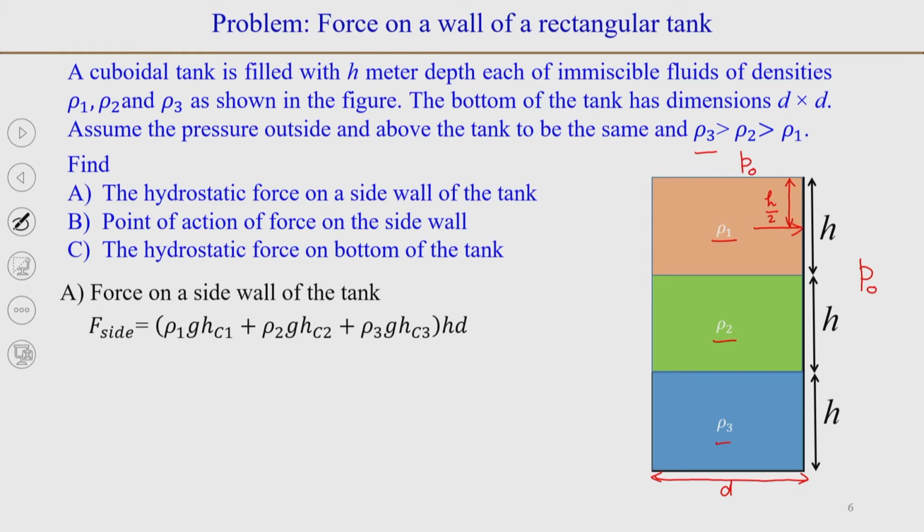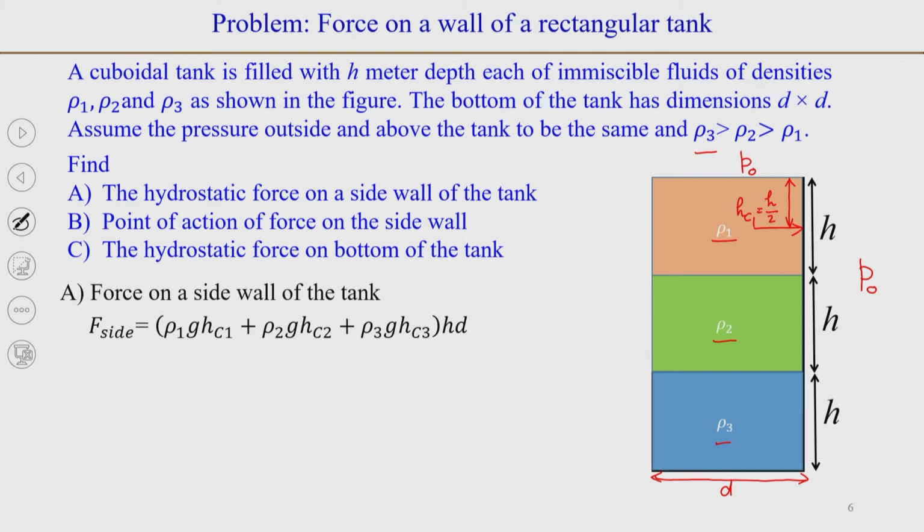Remember that this is not the point of action of this force, it is just to find the magnitude of force. We can find that P, because of the first column, is rho g H C 1, where H C 1 is the centroid. So, rho 1 g H C 1 for the first column.